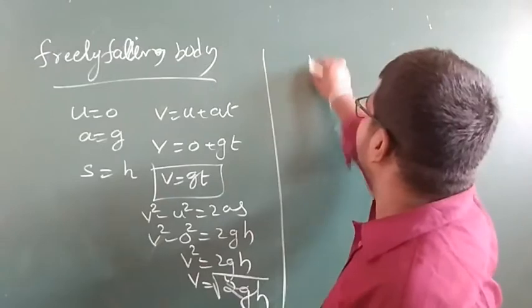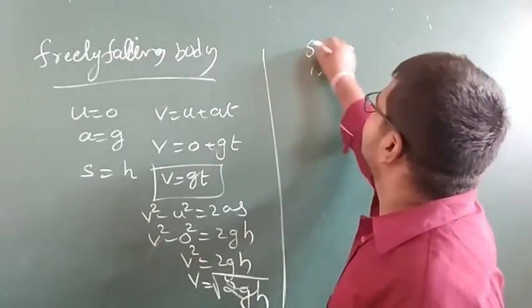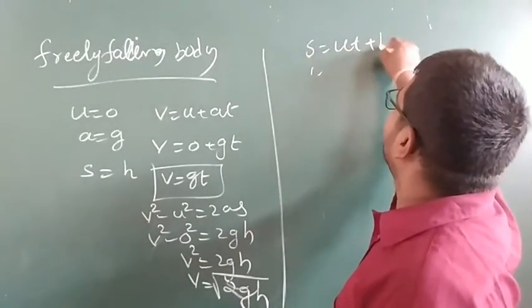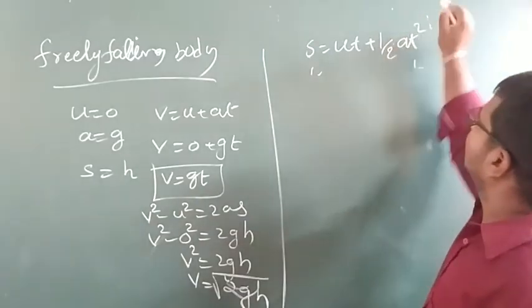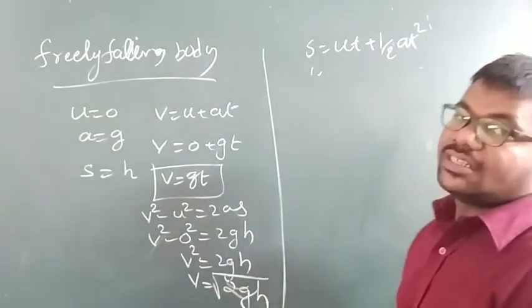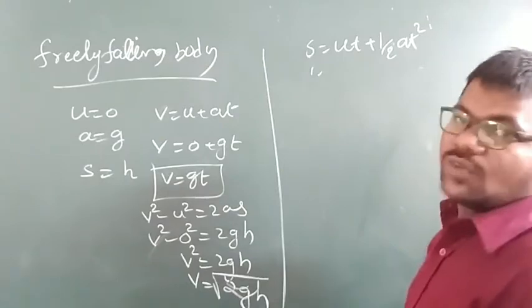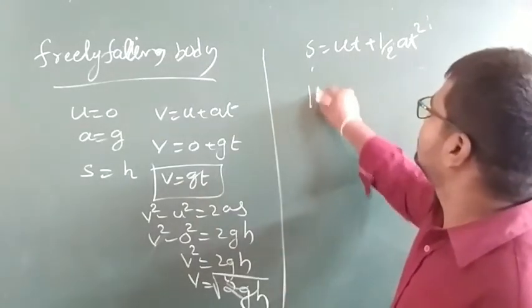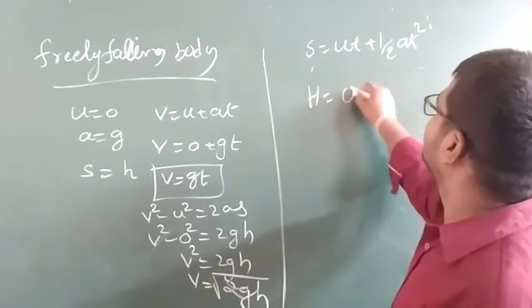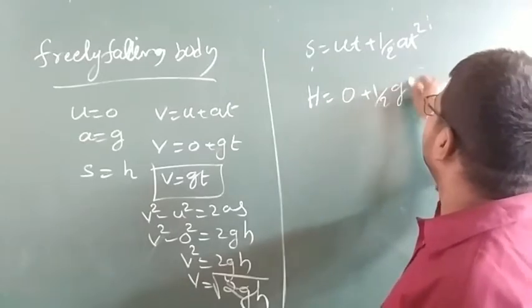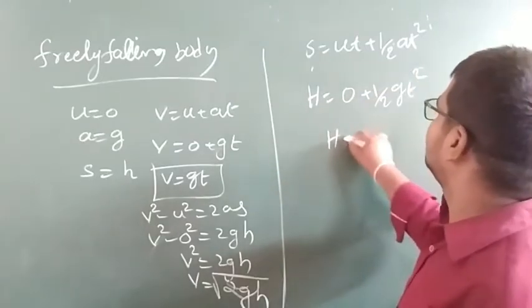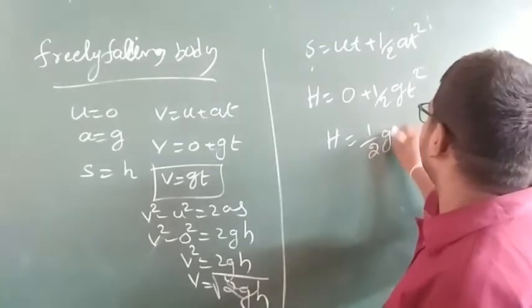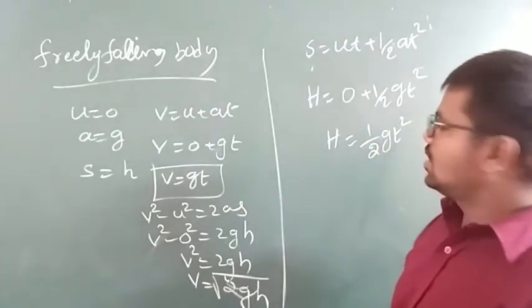Next one, what is the equation? S is equal to UT plus 1 by 2 AT square. So H is equal to 0 plus 1 by 2 gt square, H is equal to 1 by 2 gt square.